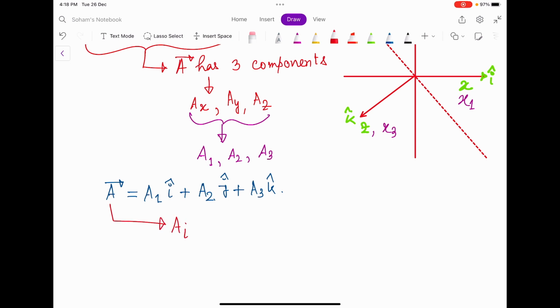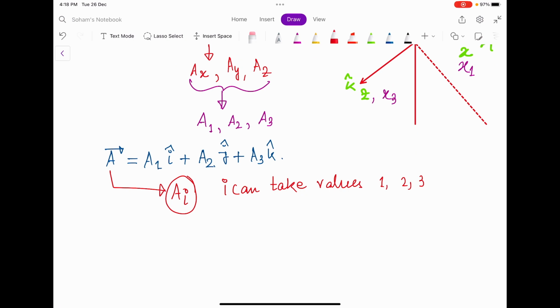This can be represented as Ai, and this i can take values 1, 2, 3. So A is a vector, and essentially we can write it as A equal to Ai ei.